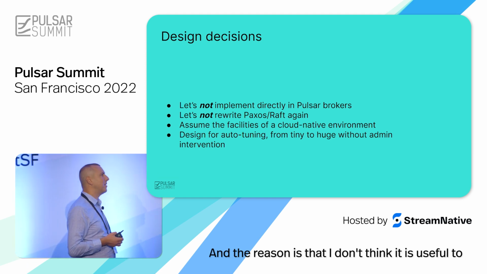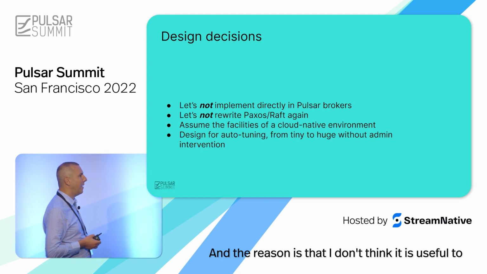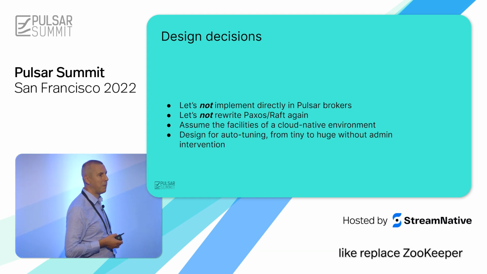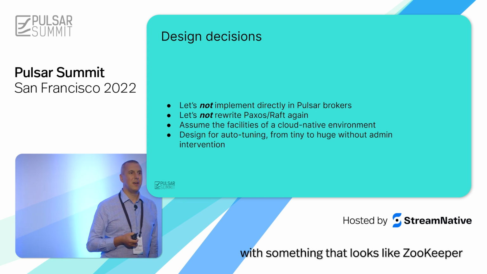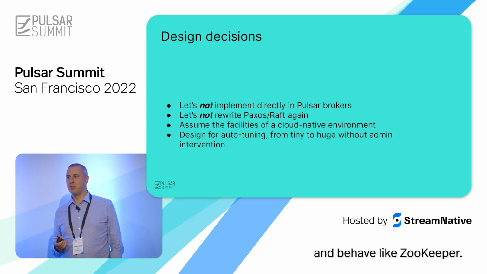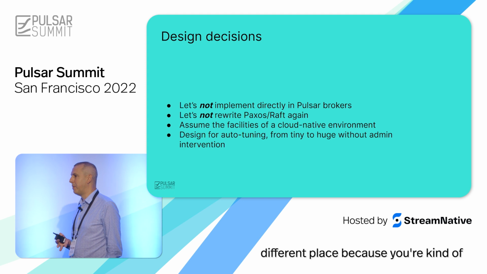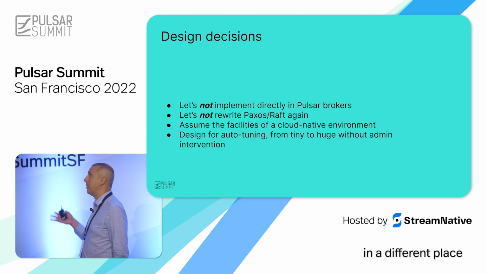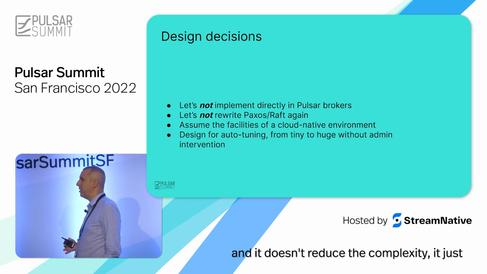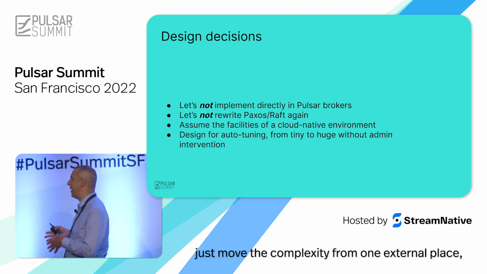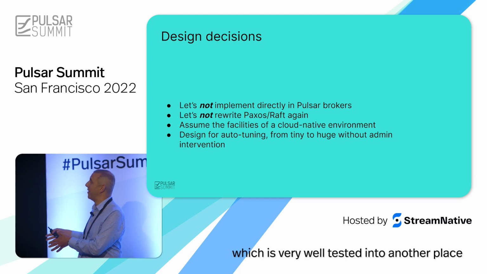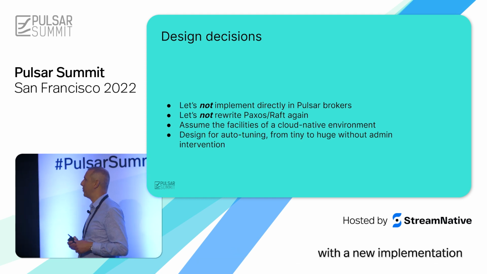The reason is that I don't think it is useful to replace ZooKeeper with something that looks like ZooKeeper and behaves like ZooKeeper, just put in a different place, because you're getting the same architectural problems in a different place. It doesn't reduce the complexity, it just moves the complexity from one external place, which is very well tested, into another place with a new implementation.